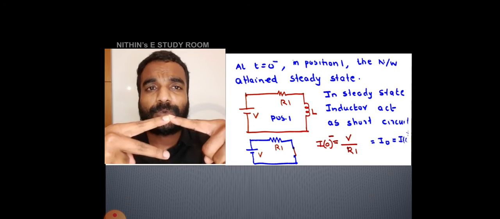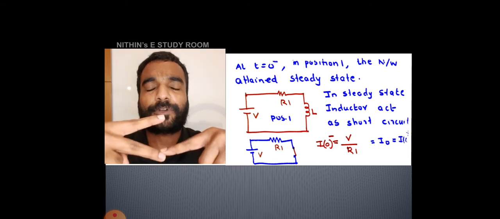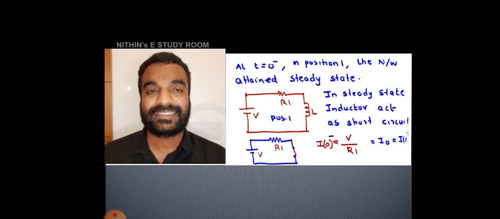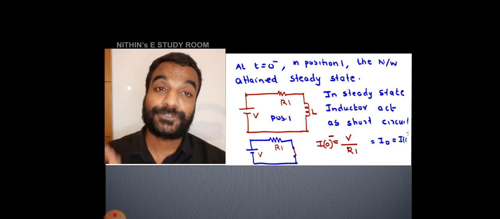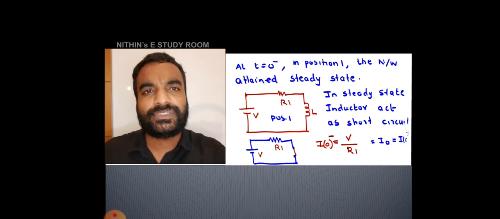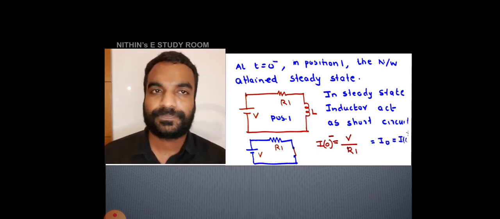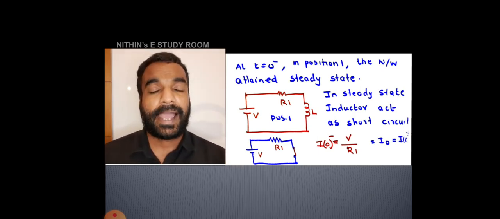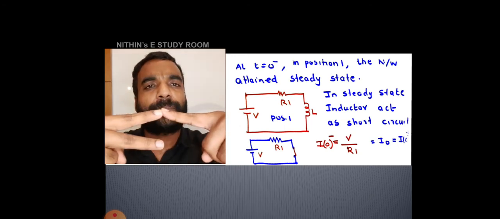Then only you are moving the switch to position 2. This instant of moving from 1 to 2 is taken as the 0th instant, t equal to 0, or instant of switching. In any circuit, if there is a switching, always take the switching instant as 0 time, t equal to 0. So at 0 minus means at 0 the switch is moved from 1 to 2.